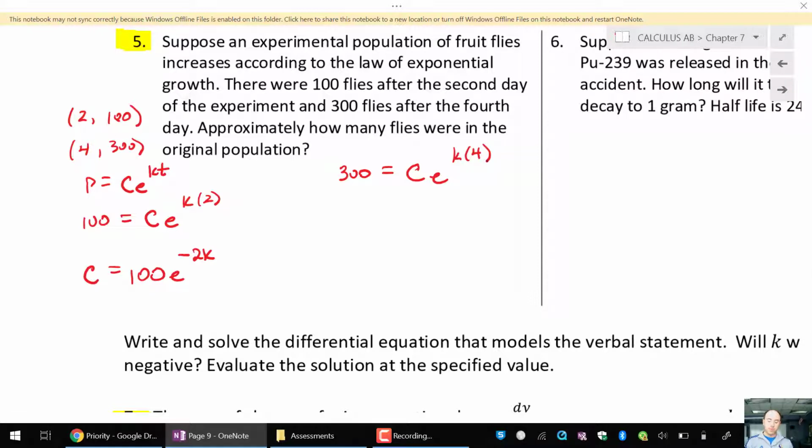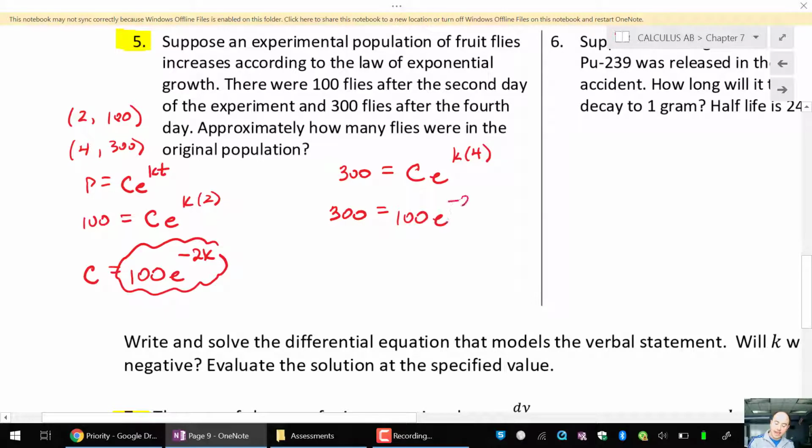Now, let's substitute this expression for C into my equation over here. So 300 equals 100 e to the negative 2k times e to the 4k, which will essentially be 300 equals 100 e to the positive 2k.